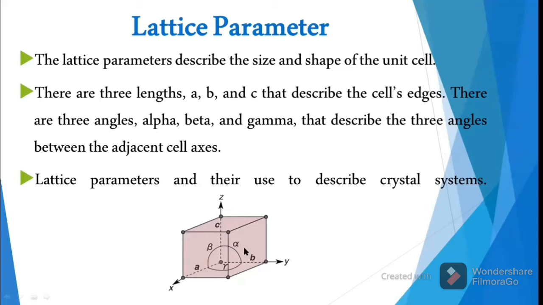Alpha along the x-axis, beta along the y-axis, and gamma along the z-axis. These 3 angles should be equal in case of cubic, and the values of A should be equal to B, equal to C in case of cubic crystal. The lattice parameter describes the size and the shape of the unit cell.